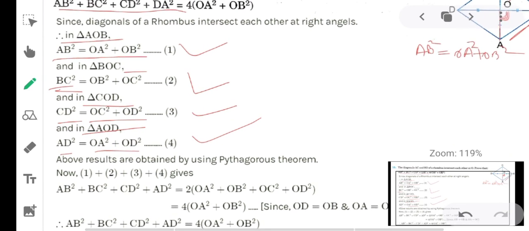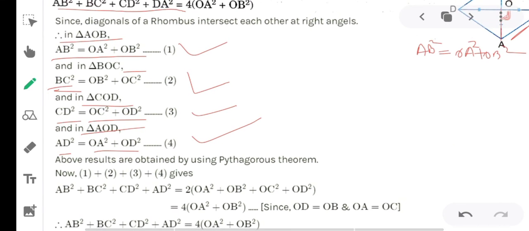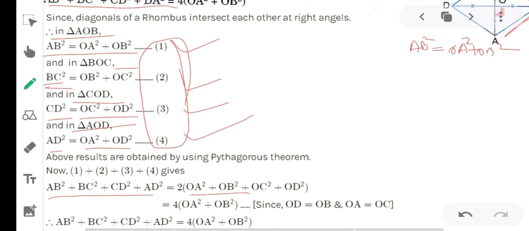Now if we add these four equations, that gives AB square plus BC square plus CD square plus AD square equals 2 into OA square plus OB square plus OC square plus OD square.